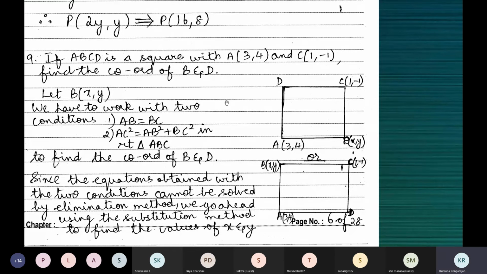Can I show you the next slide? Drawing diagram. Okay.